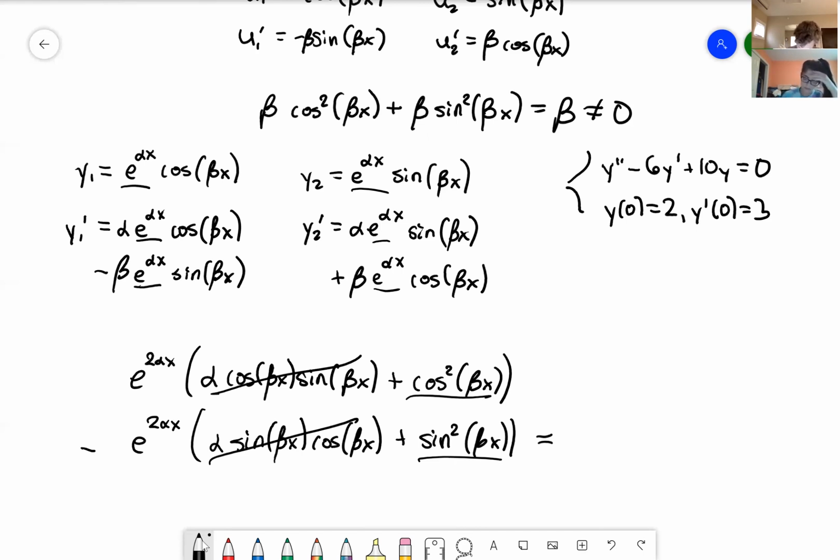Sorry, I left out a minus sign here. So that will make them a plus. So cosine squared plus sine squared. Sorry, I think I've made a little bit of a mistake.